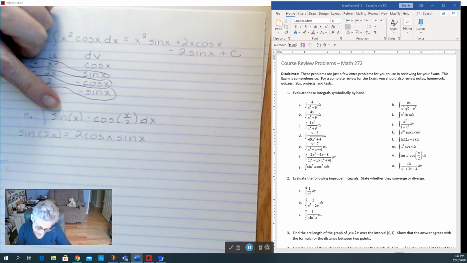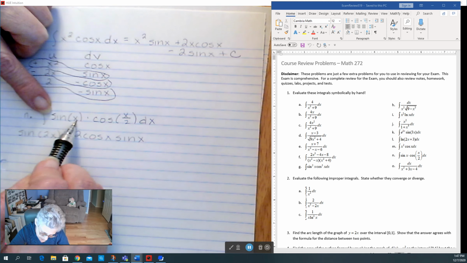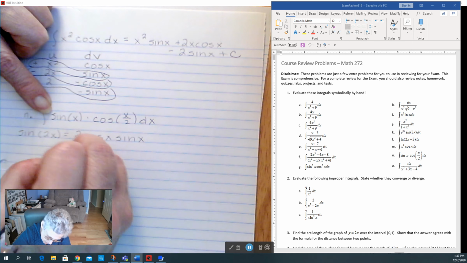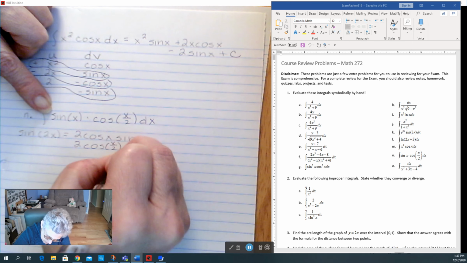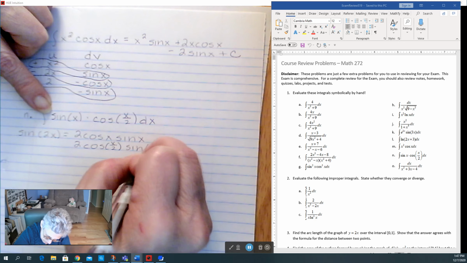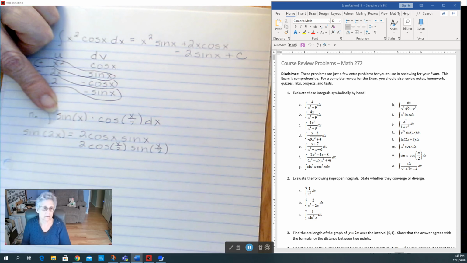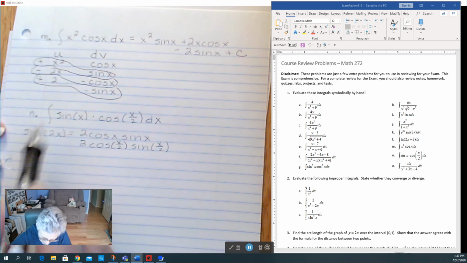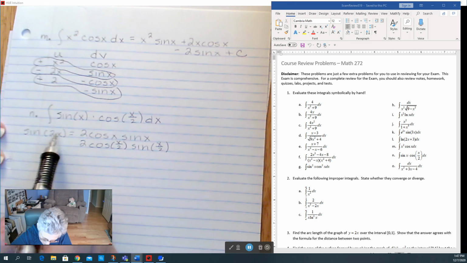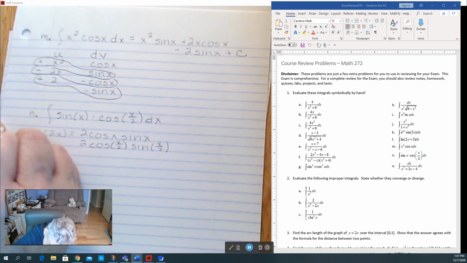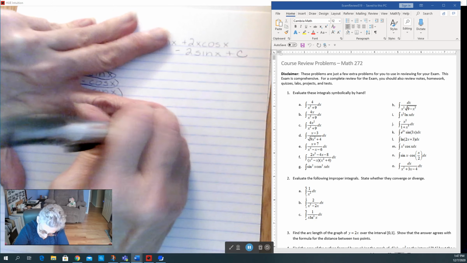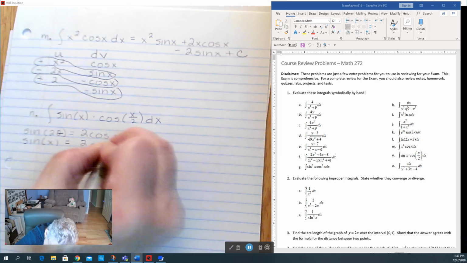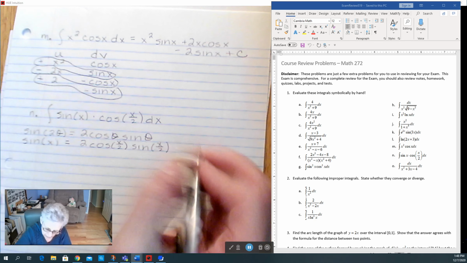Yes, I think it would, because I can rewrite sine of x as 2 cosine of x over 2 sine of x over 2. Because here is my original rule, sine of 2x, so sine of plain old x, and let's make it more clear, sine of 2 theta is equal to 2 cosine theta sine theta.